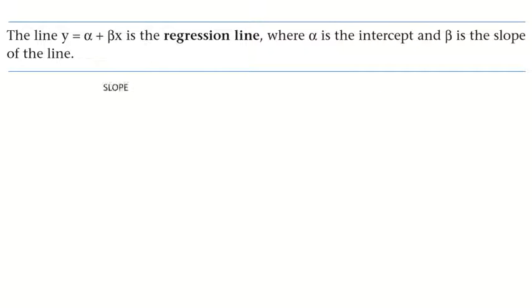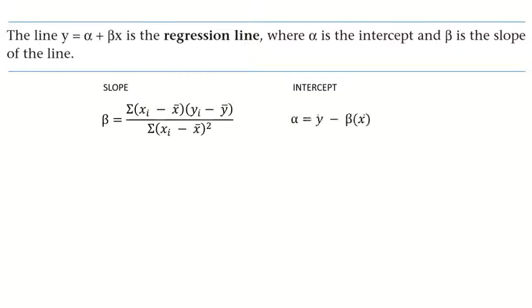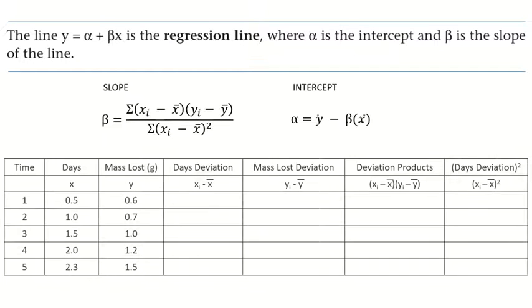Okay, so this regression line is defined, of course, just like in algebra, by a slope and by a y-intercept. So these are the formulas for the slope and the y-intercept of our regression line. You don't need to worry about all of these notations here. We are going to get them one by one.